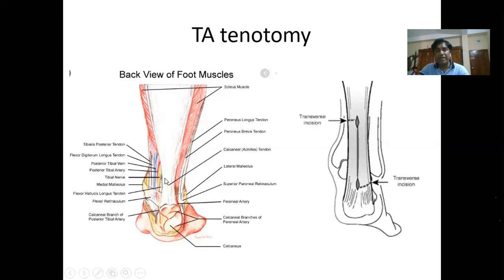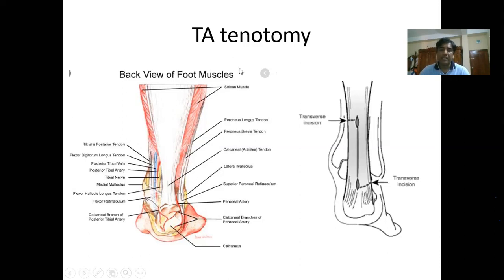How can you do it very safely? Just put your size 15 blade. If you are very experienced with doing this in CTEV, but here it is something different. You need a step cut type of percutaneous tenotomy in the tendo Achilles.